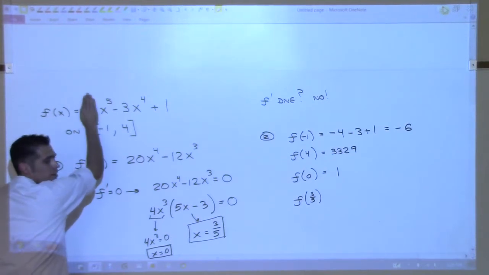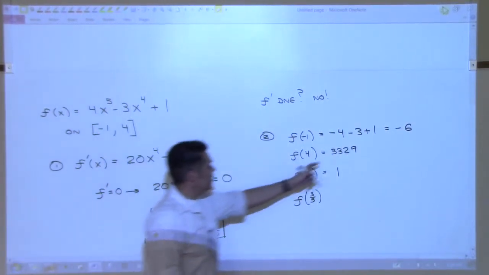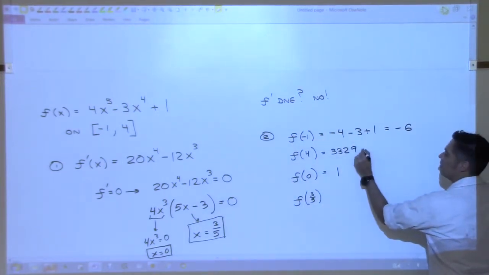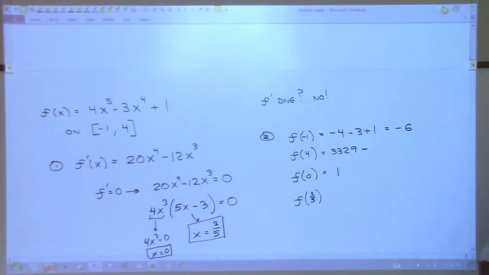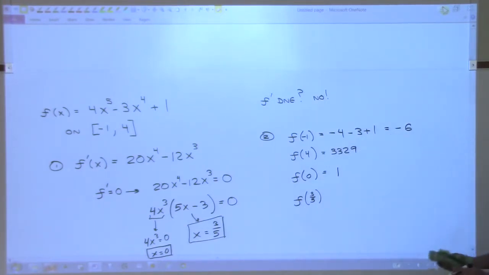That's 4 times 4 to the power 5. Okay, so that's this right here? Okay, and then what? Minus? I better get my calculator out. Oh, that's the whole answer. Okay, good. So that looks like the new max.